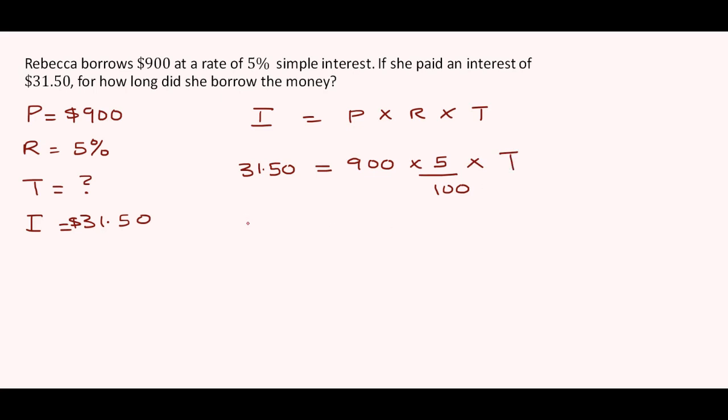So now our equation becomes 31.50 equal to 900 times 5 times T over 100. So now we can simplify this. We can cross out the zeros here. So 31.50 equal to 45T. So now we're going to divide both sides by 45.